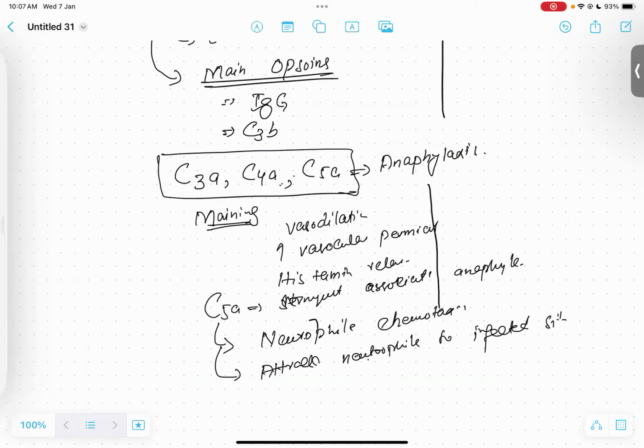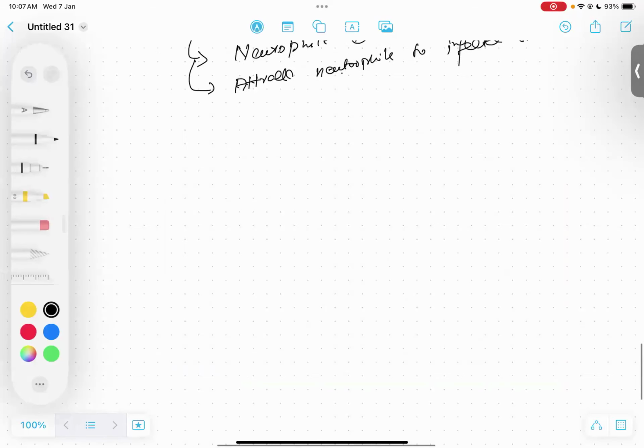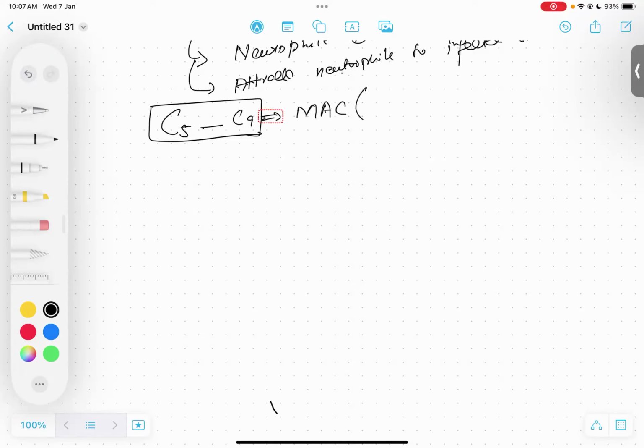So the main components that are usually associated with MAC are C5 to C9. These are the complement proteins associated with MAC. So MAC means cytolysis.